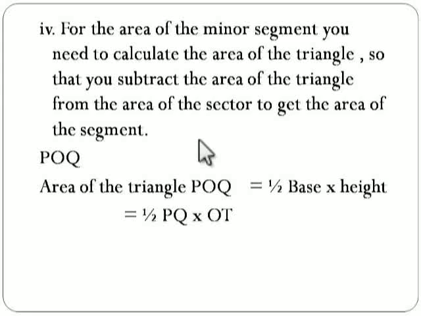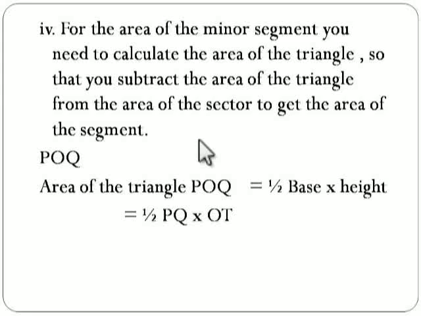Like I told you, the area of a sector is divided into 2. The upper part is a triangle and the lower part is the segment. So if you want to find the lower part, which is the segment, then you have to subtract the area of a triangle from the area of the sector to get the area of the segment. Good, if you could remember that.